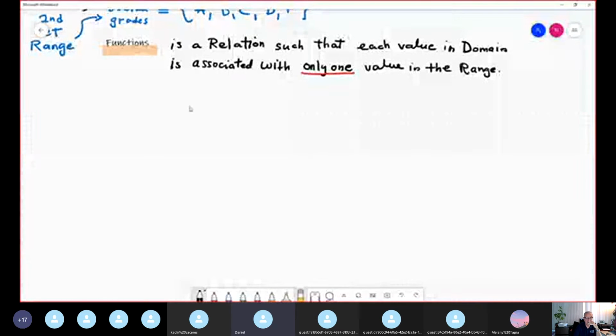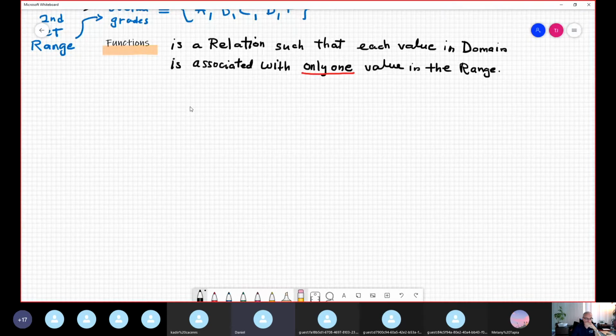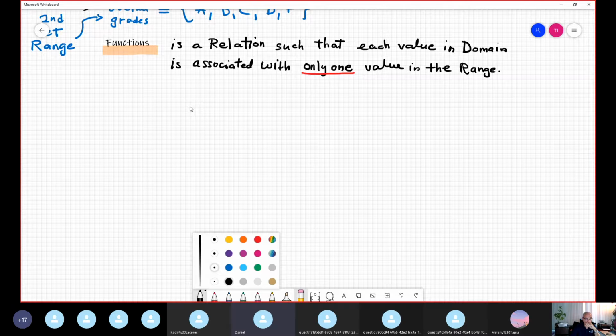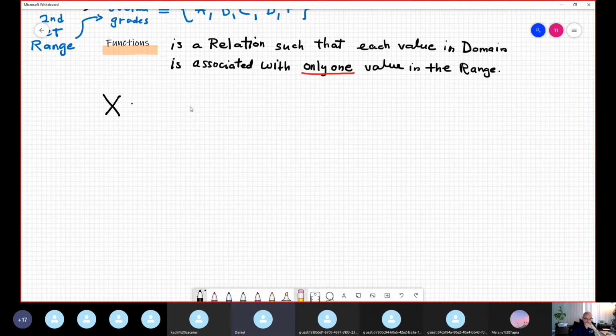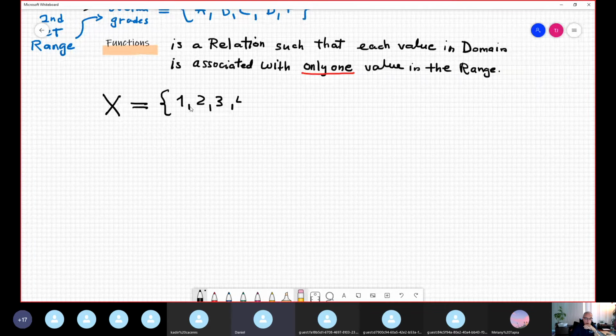Suppose now, okay, we have the domain. I want to call it, because frequently in mathematical equations you call it X, capital X is the domain. And the domain is 1, 2, 3, 4. 4 numbers. And capital Y is the range.